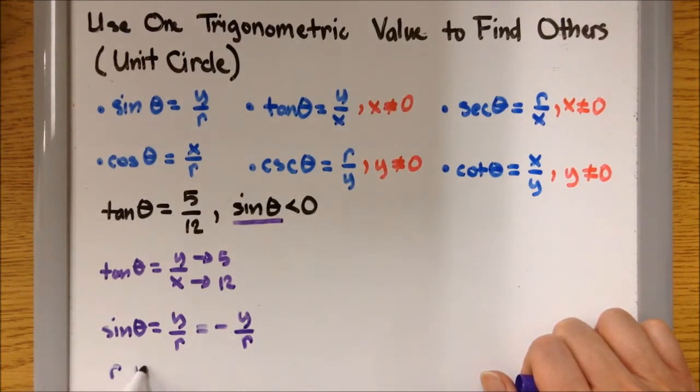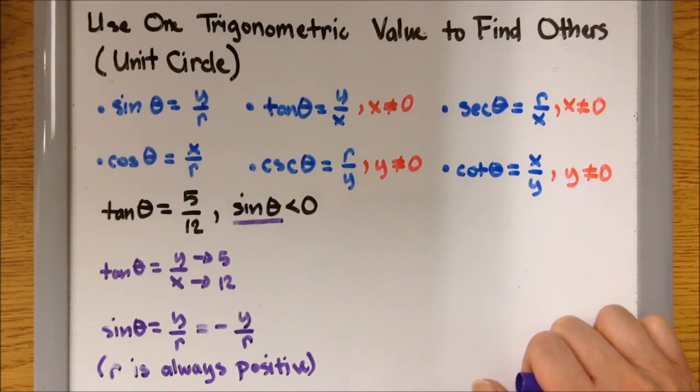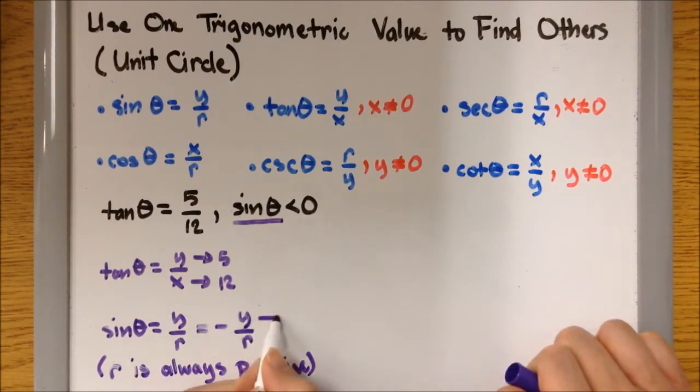So what I mentioned before, the one thing we always know, r is always positive. So if r is positive, that means it's going to be a negative y.